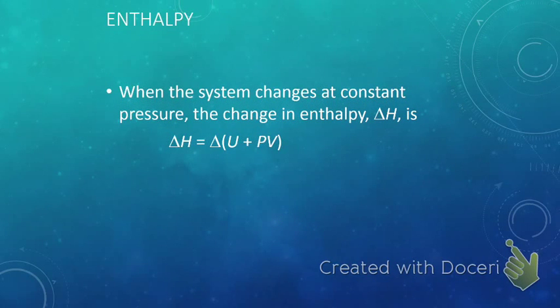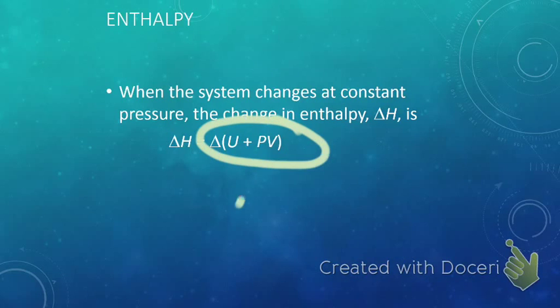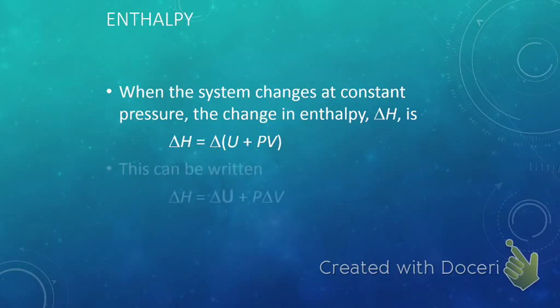So, if we want to do the math, and we're trying to use this algebraically rather than calculus, you have delta H is equal to delta of U plus PV. However, since P is a constant, you can actually then pull the P out.